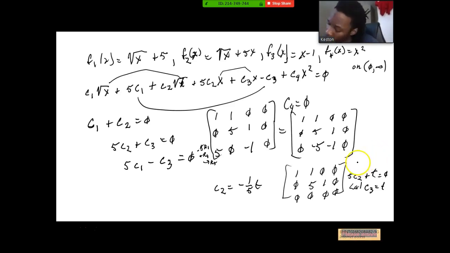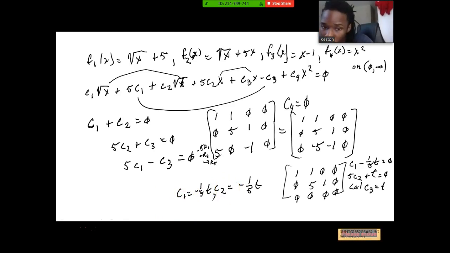And then you have C1 plus C2, which is minus 1/5 T, is equal to 0. So C1 is equal to minus 1/5 T. All right. There's negative 1/5 T, negative 1/5 T, T.